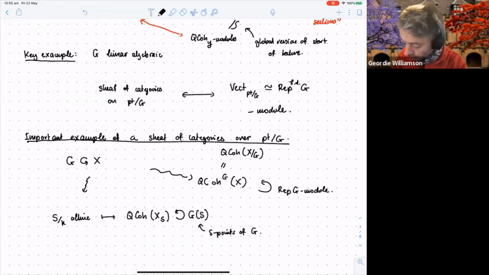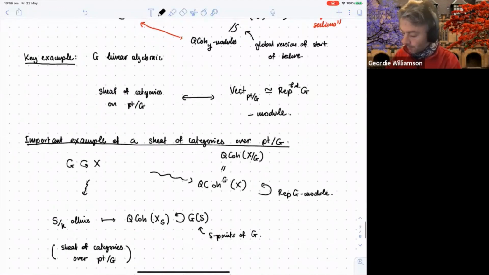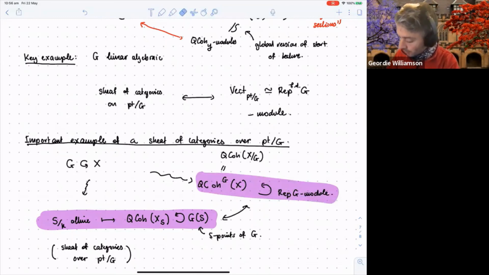And so this side would be a sheaf of categories over point mod G. And this side is a rep G module. And these correspond under the above equivalence.